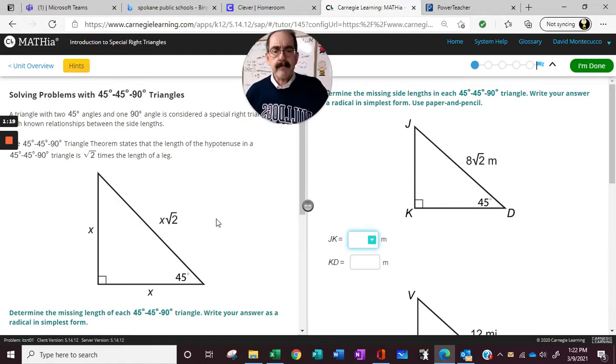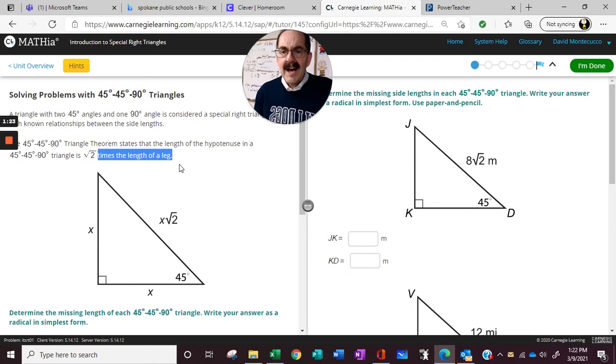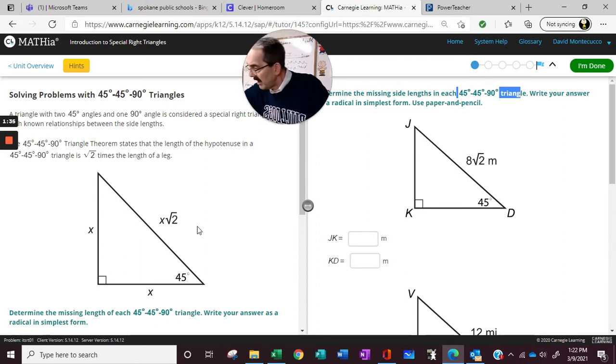So now let's think. The hypotenuse is radical 2 times the length of the leg. Whoa. So now, if we multiply going this way, what's the opposite of multiply? Divide.